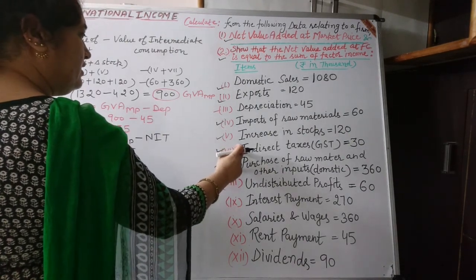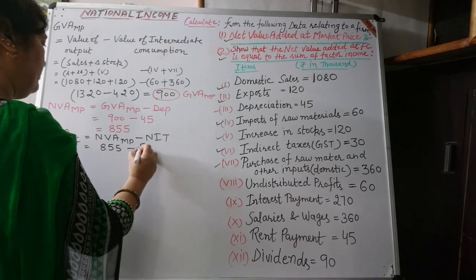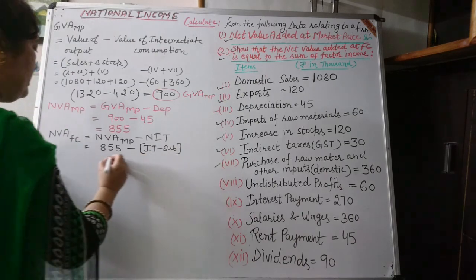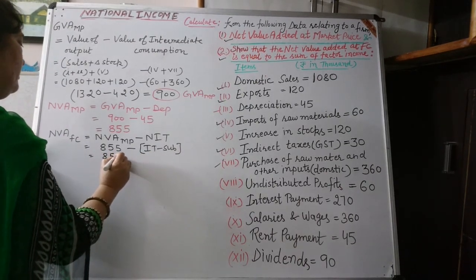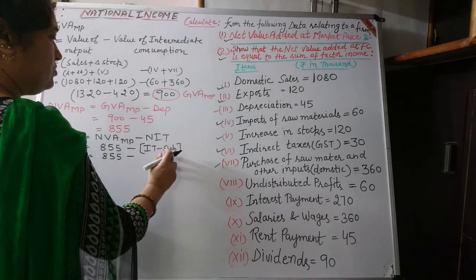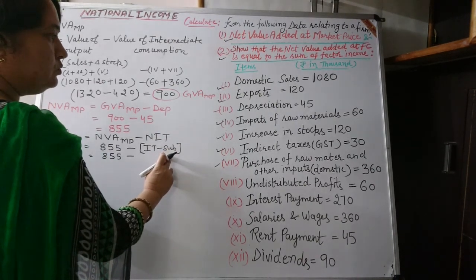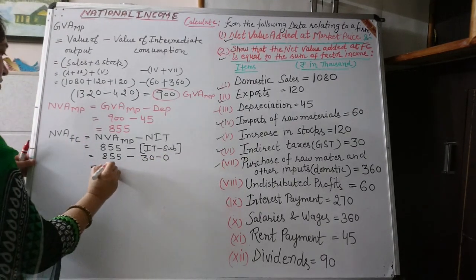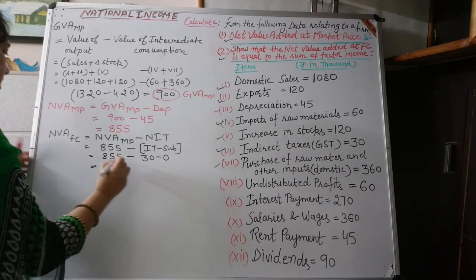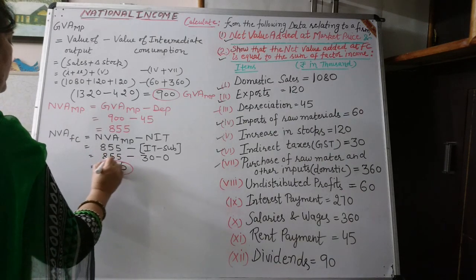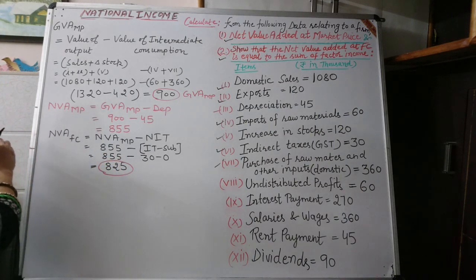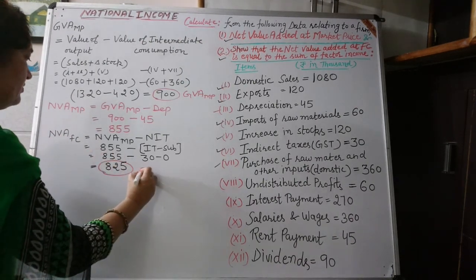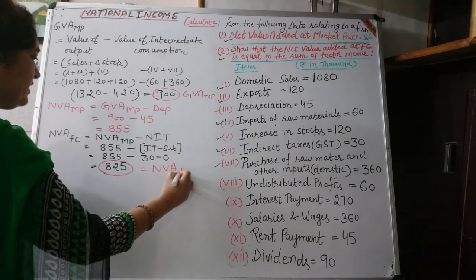Net indirect taxes are not given, rather indirect taxes are given: indirect taxes minus subsidies, and subsidies are not given, so subsidies will be considered as 0. So 855 minus 30 minus 0 is equal to 825. So 825 will be the value of net value added at factor cost.